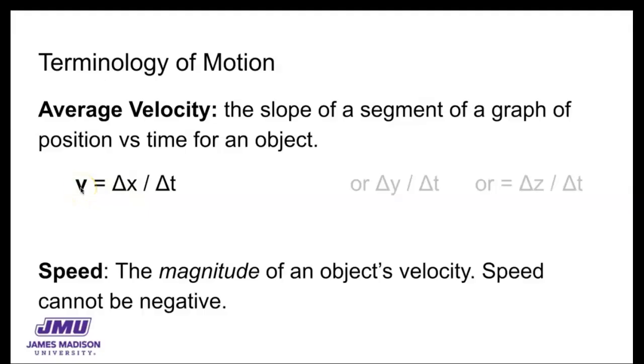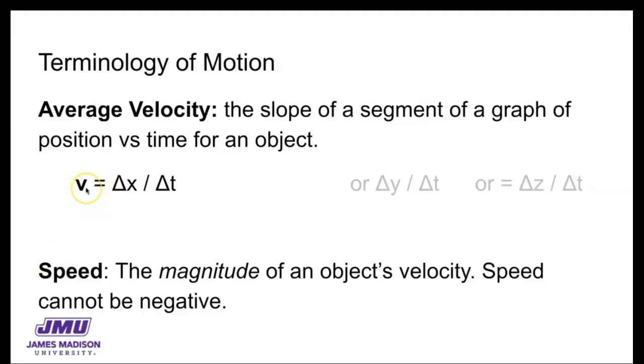So if average velocity is the slope of a segment of a graph of position versus time for an object, I can imagine a slope that's positive and a slope that's negative, and I can interpret that a positive slope of position versus time means that an object has a positive velocity. It means it's moving in one direction. But if it has a negative slope on the graph, that means it's moving in the other direction. Okay, that makes sense.